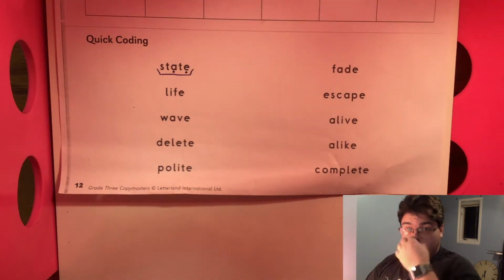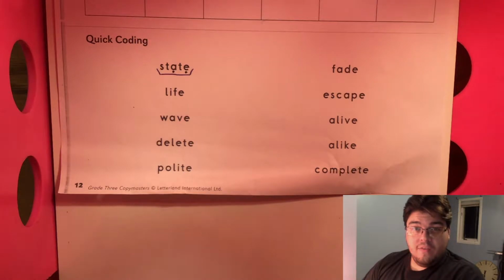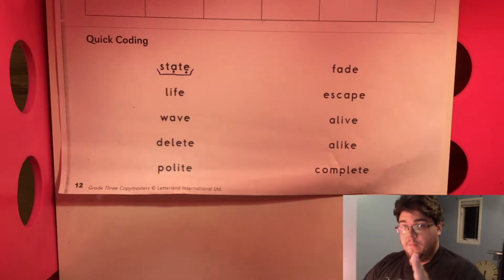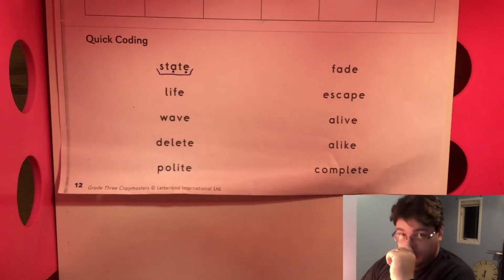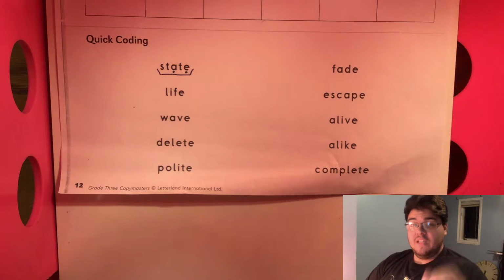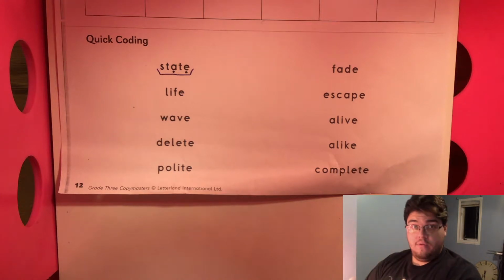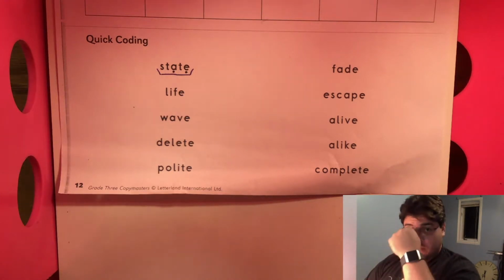Next, we need to label our syllable types. So what kind of syllable are we working with here? Here's the thing. You might be thinking it's an open syllable, but an open syllable is only when the syllable ends in a vowel sound that says its name, or it's a long vowel at the end of a syllable.